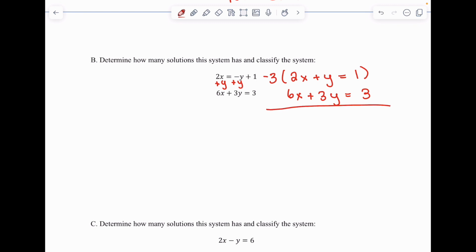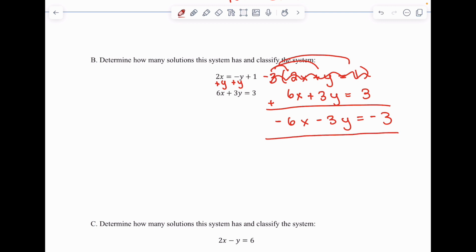So when I do that, my new system will be -6x minus 3y equals -3. And now I'm ready to add. But notice when I add, everything cancels out. 0 equals 0. And when that happens, I have infinitely many solutions.